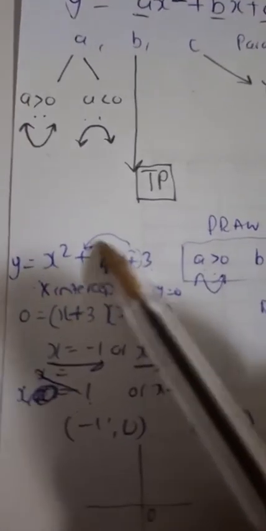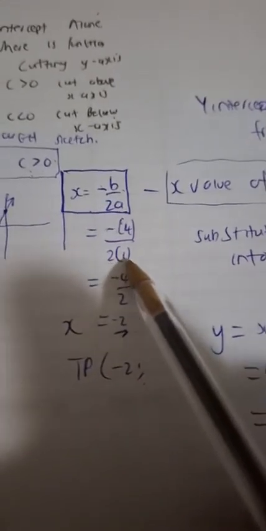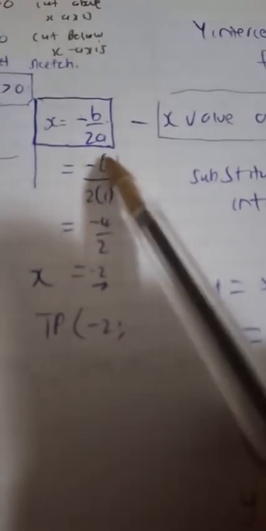The b is the coefficient of x, which is +4. We substitute it in brackets, over 2 times a, which is 1, the coefficient of x squared. Then it's minus times 4, which is -4, over 2. Negative divided by positive gives us negative, and 4 divided by 2 gives us -2.